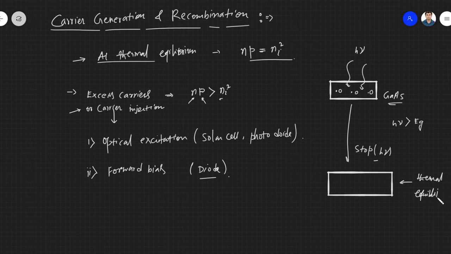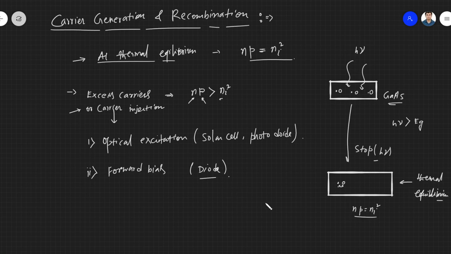So how will it achieve thermal equilibrium? Those excess carriers have to recombine with each other. The electrons and holes generated will recombine, or annihilate, and the excess carriers will not be present anymore. Only the thermally generated carriers will be present, so again the equation np equals ni squared will hold good after some time.